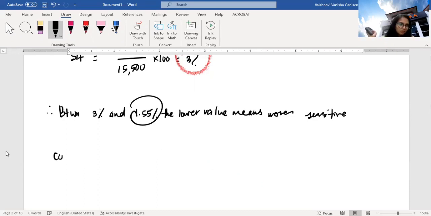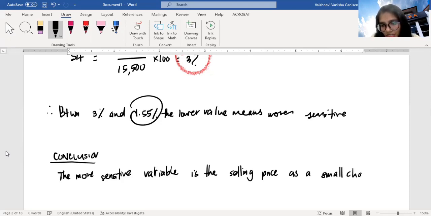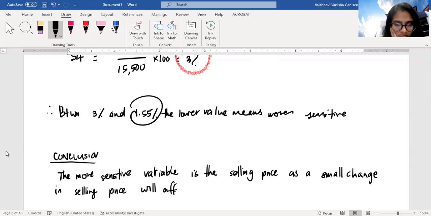Okay, your conclusion that you write in your exam: the most sensitive variable is the selling price as a small change will affect the NPV. Okay, now this is how you write it.